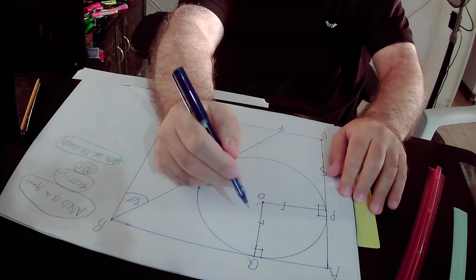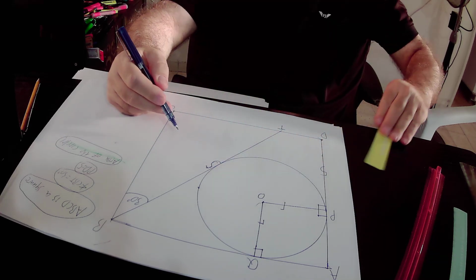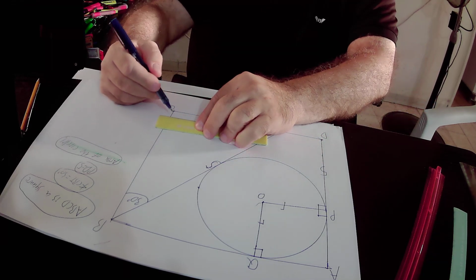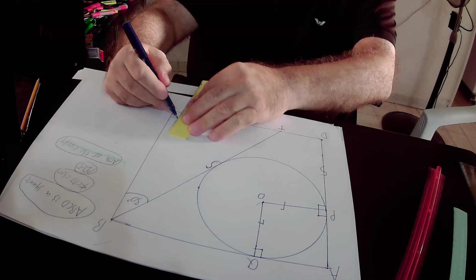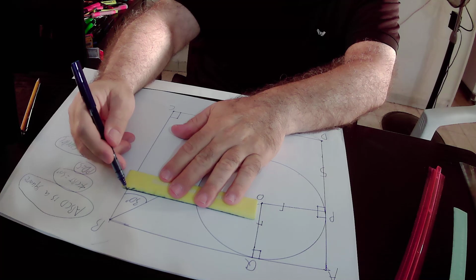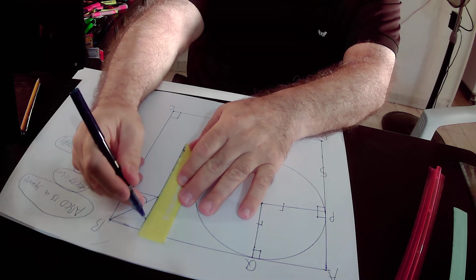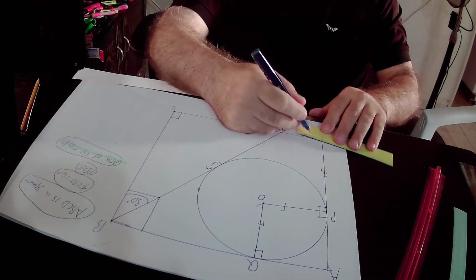And we know that all the angles inside square ABCD are right angles, so this angle equals 90 degrees. This angle will also be equal to 90 degrees. This angle equals 90 degrees.